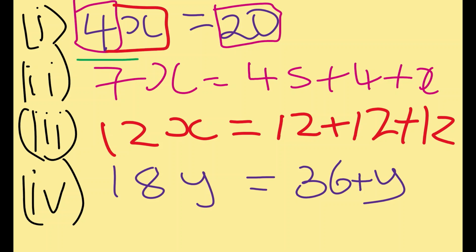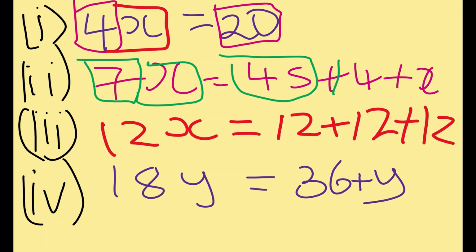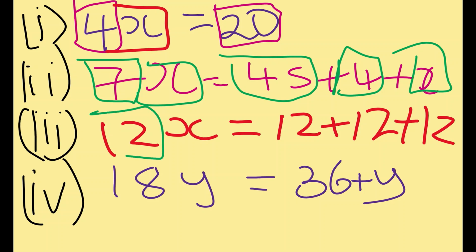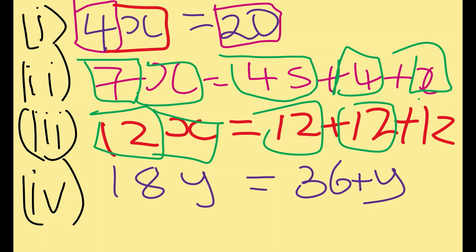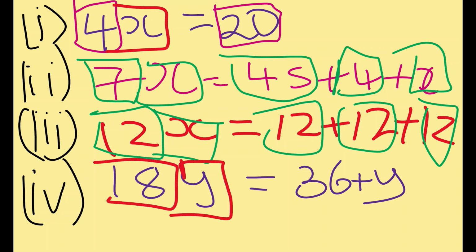Next, 7 is a constant, x is a variable. 45 is a constant, 4 is a constant and x is a variable. 12 is a constant, x is a variable. 12 is a constant, here also 12, here also 12. All these 12s are constants. Here 18 is a constant and y is a variable. 36 is a constant and y is a variable. I think you all are right. Claps for you guys.